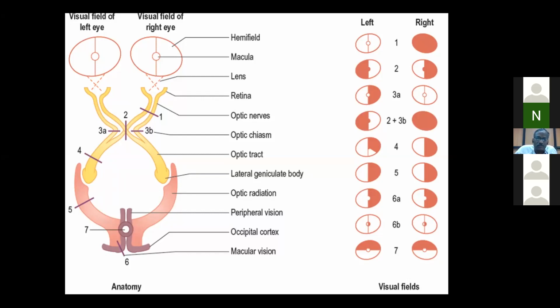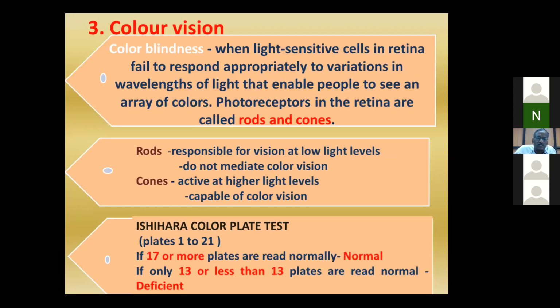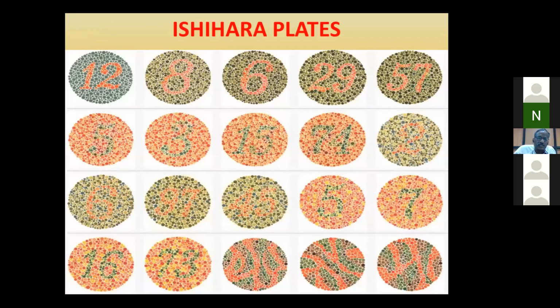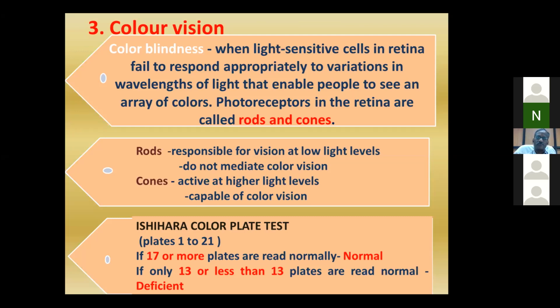Coming on to color vision. Color vision consists of color blindness and color vision. There are 3 main things: blue, green, red. These are the 3 main colors which are the basic colors.